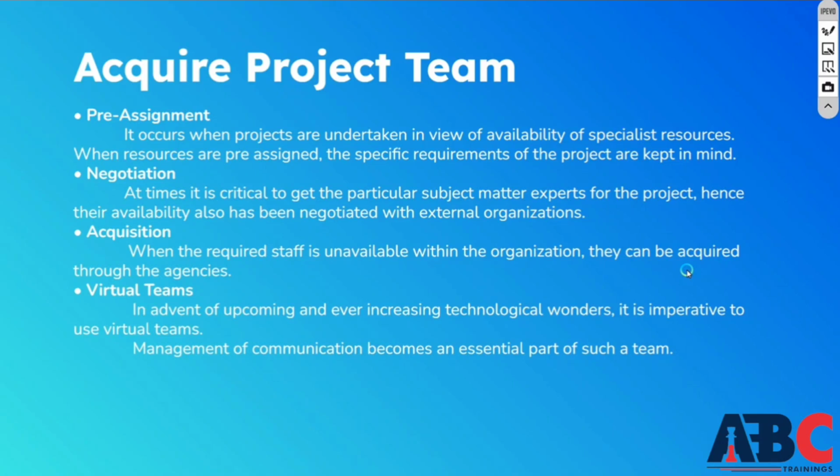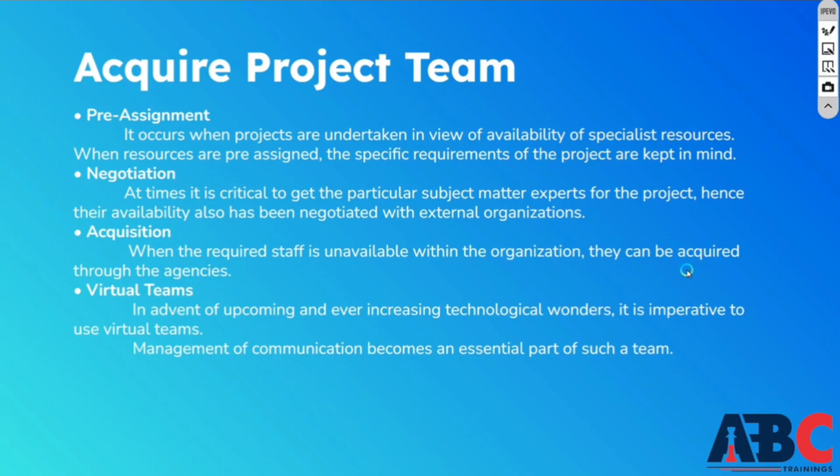While forming that team, you have four types of team that come to you. First of all, as many people work in your organization, you have to include selected people in it. Then you have pre-assignment, negotiation, acquisition, or virtual teams. We divide them like this. First of all, pre-assignment. This occurs when you review the availability of specialized resources.